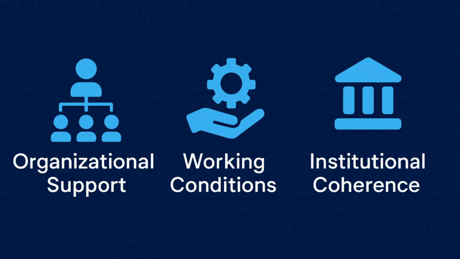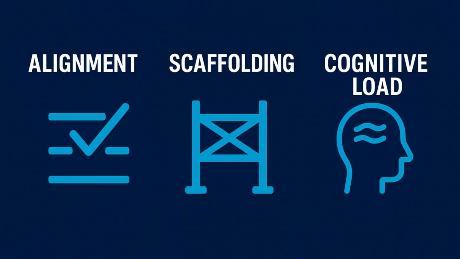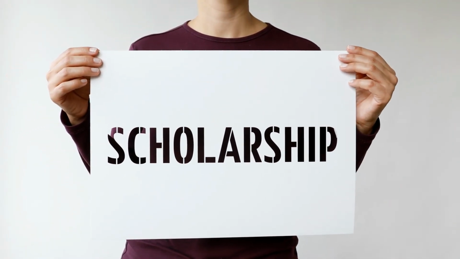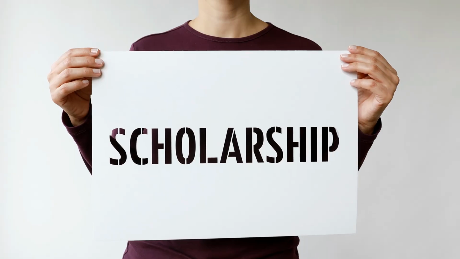When you write about burnout and system responses, you signal organizational support, working conditions, or institutional coherence. When you write about course design and engagement, you signal alignment, scaffolding, or cognitive load. These conceptual signals strengthen your research problem by showing that it sits inside an established scholarly conversation, rather than floating as an isolated observation.